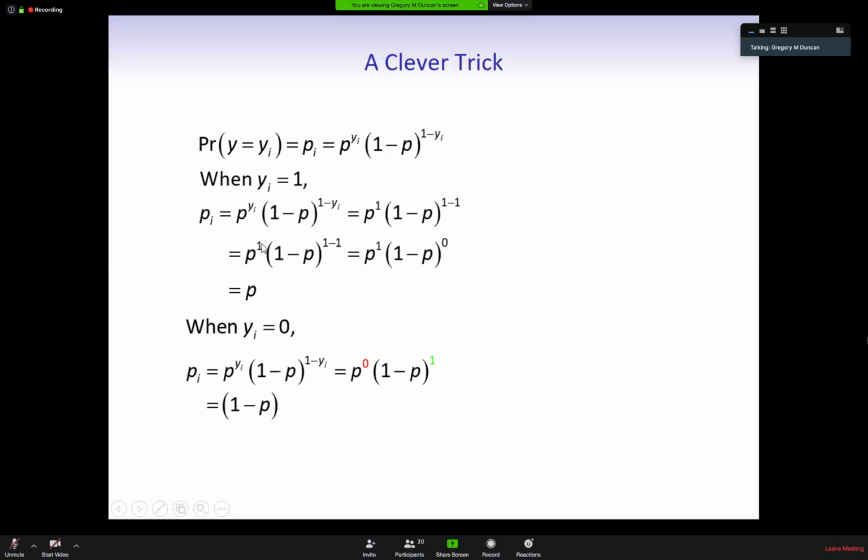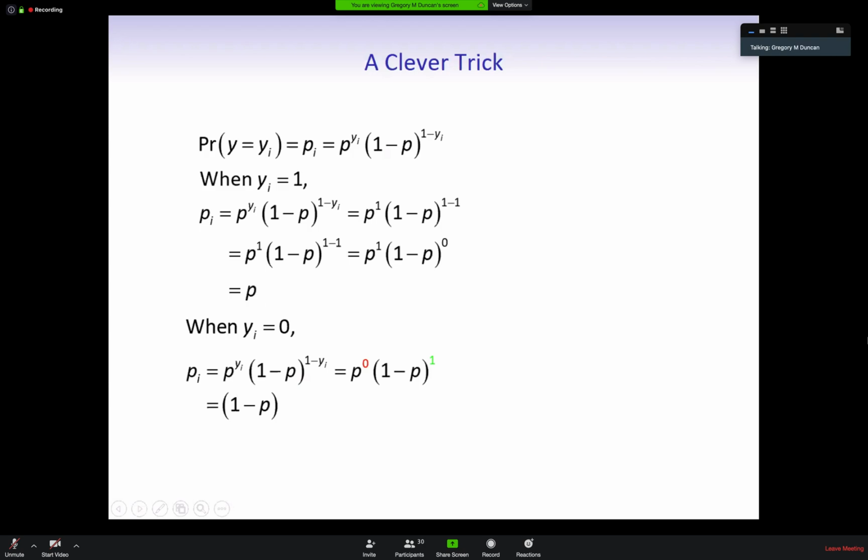Okay, so that's P to the 1, 1 minus P to the 1 minus 1, or P to the 1, 1 minus P to the 0. Anything to the 0 is 1. And so this is P times 1.